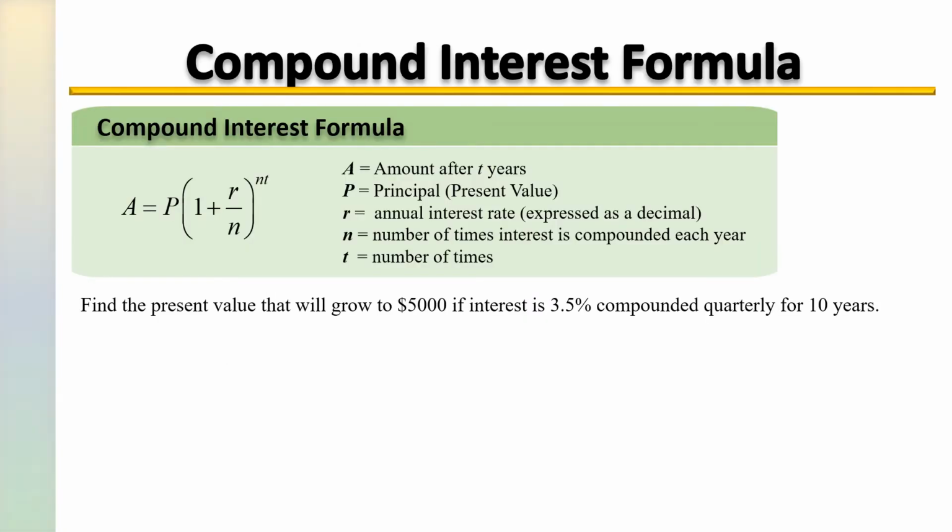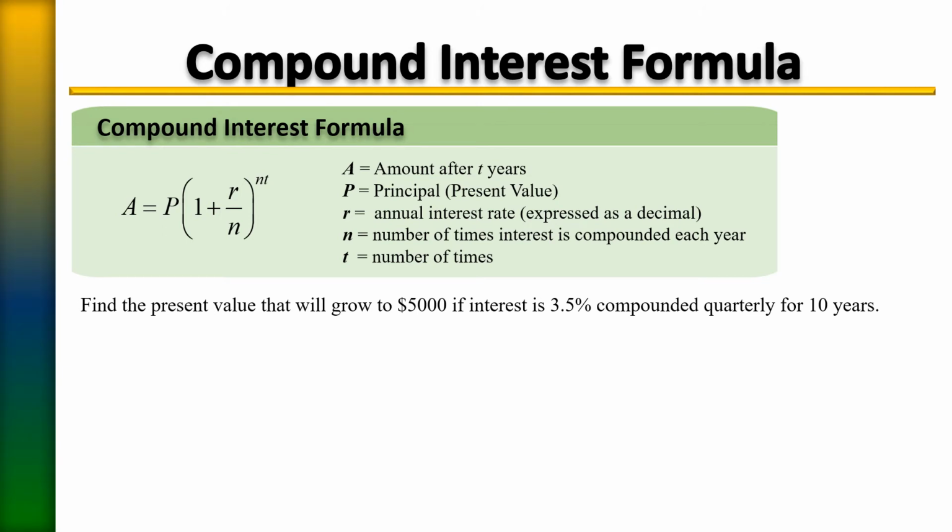Compound interest formula. In this example, we're asked to find the present value that will grow to $5,000 if the interest is 3.5%, compounded quarterly for 10 years. So here we're given 5,000, that's our amount that it grew to after a certain amount of years.